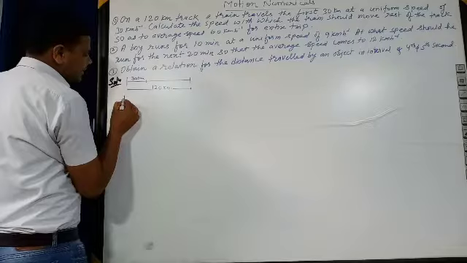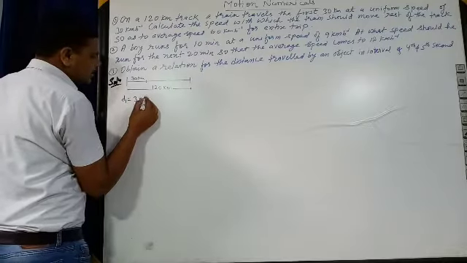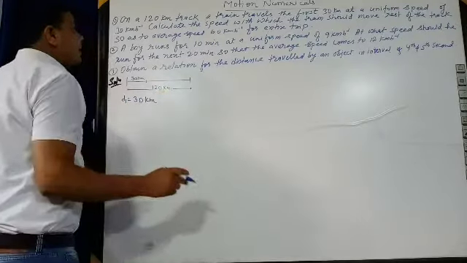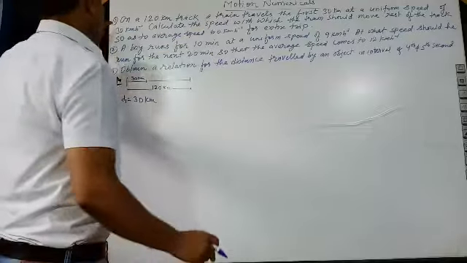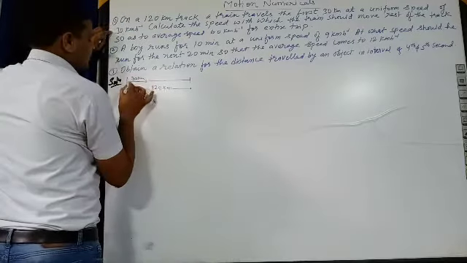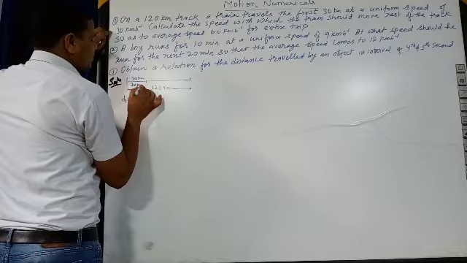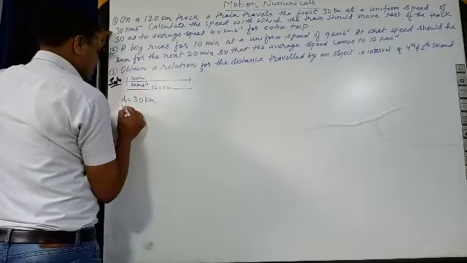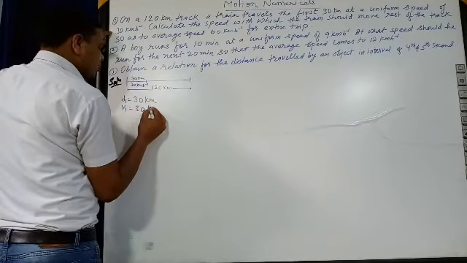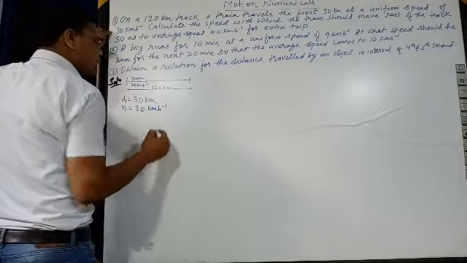So we can say distance 1 is 30 kilometer traveled with a speed of 30 kilometer per hour. V1 is 30 kilometer per hour.